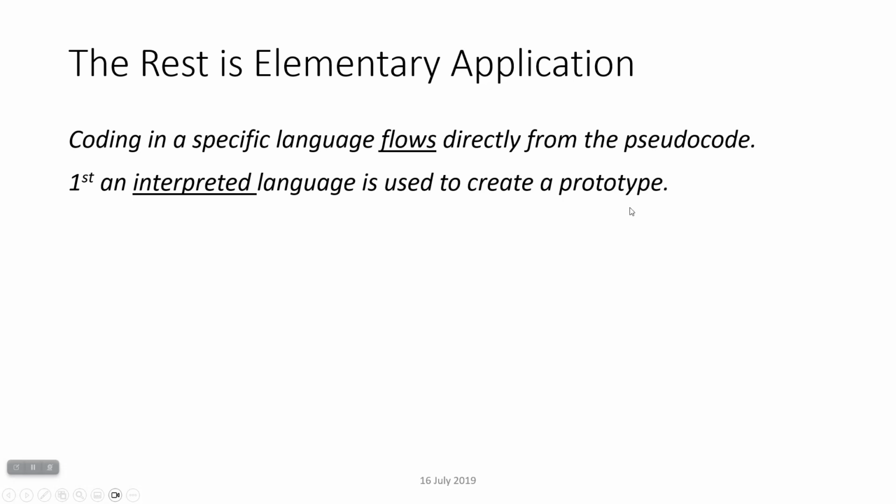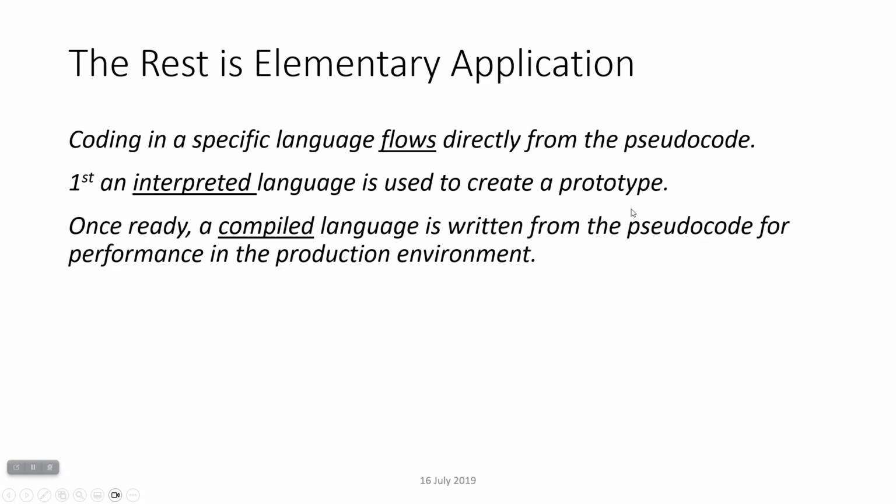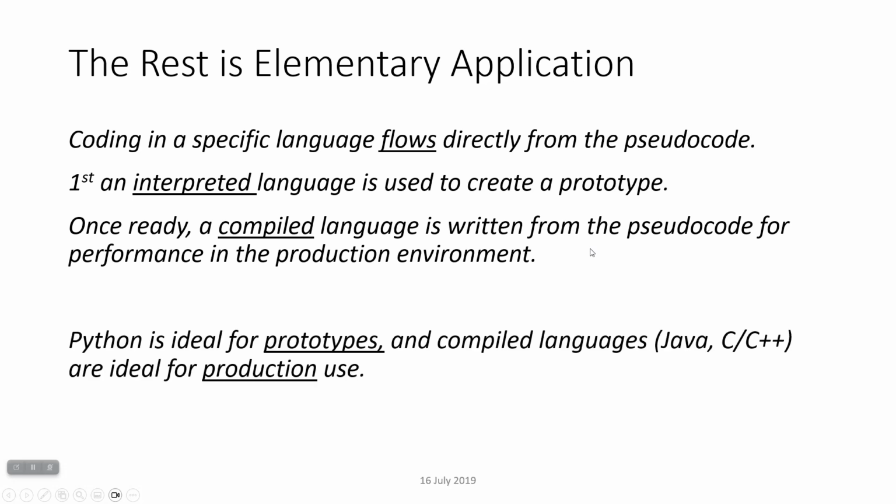If you get the prototype working, then you can go back, use the same pseudocode, and instead of working with Python, you can use a programming language like C, C++, or Java. So Python is ideal for prototypes. You always want to build prototypes to see if things are working right. And then if there's a lot of computing, if there's a performance issue for that code, you want to rewrite it and compile it for production use.